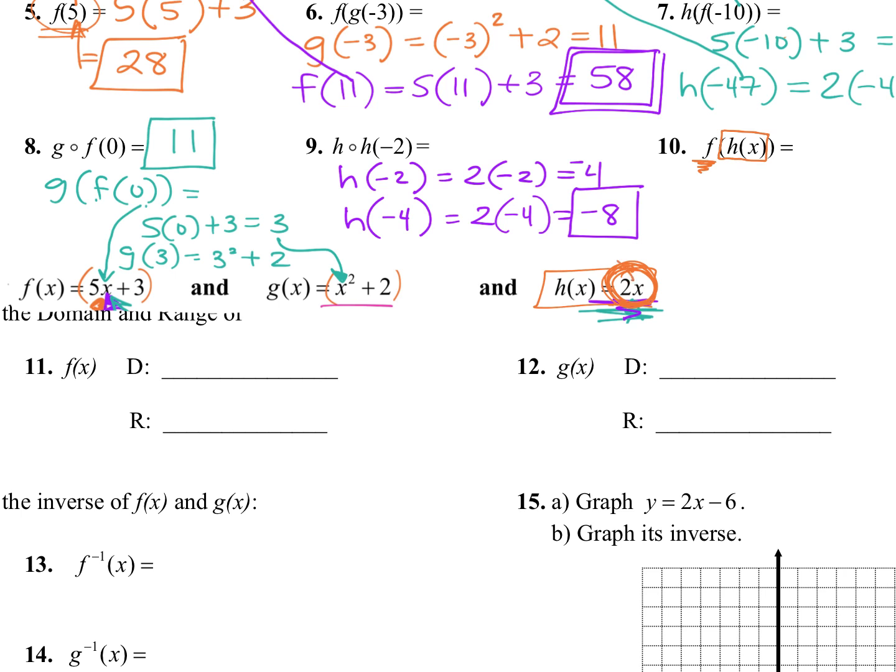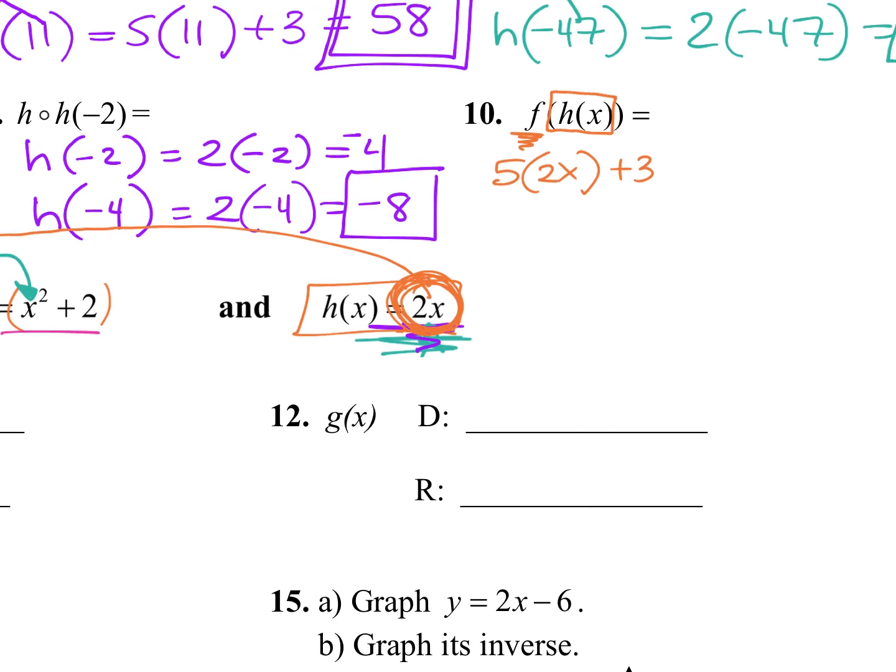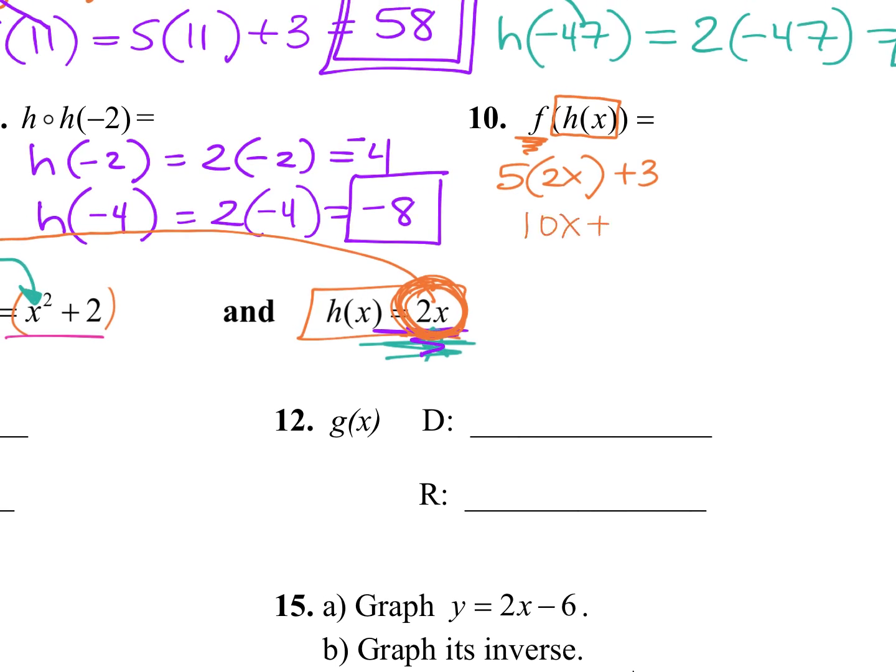So I'm gonna take 2x, I'm gonna bring it over here, and I'm gonna replace the x in this function with that 2x. So it's gonna be 5 times 2x plus 3. What is that? 10x plus 3 is as much as you can do with that. And that's your answer.